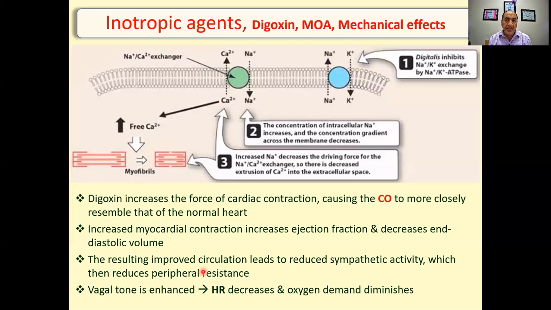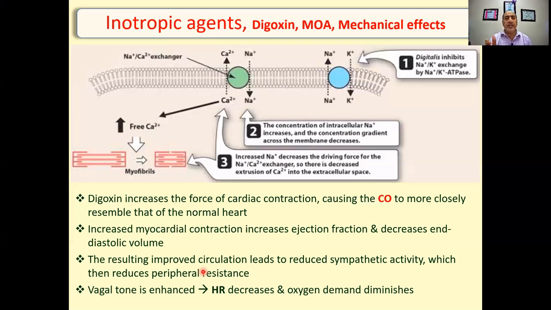As we'll explain later, digitalis or digoxin in low doses induces the parasympathetic nervous system. So it has some parasympathetic activity, so it will increase the vagal tone. This will decrease the heart rate, and in turn will decrease the oxygen demand. That's why I don't like to call them cardiac stimulants, because a cardiac stimulant for me increases heart rate and contractility.